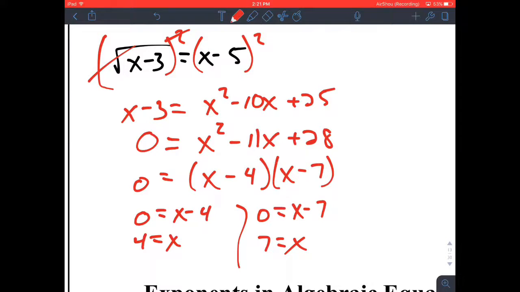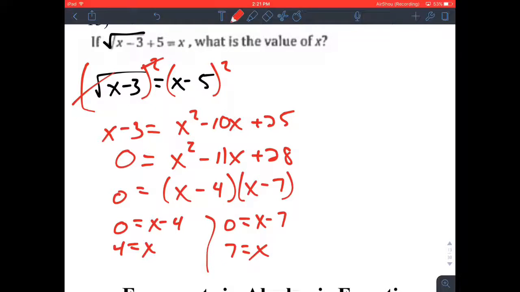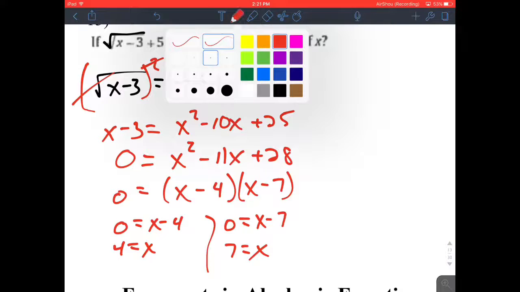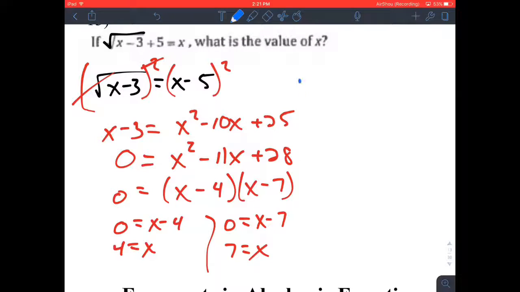Now, one thing that should be mentioned, anytime you have a radical in an equation and you solve it for a variable, you could end up with answers that actually don't work. They're called extraneous solutions. So we need to check these answers to see if they work.